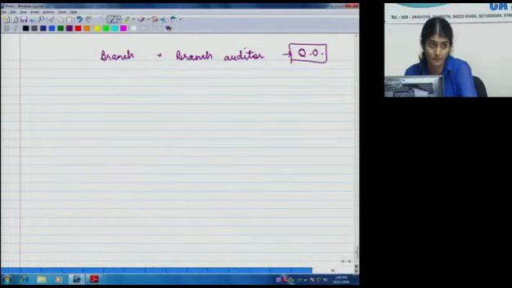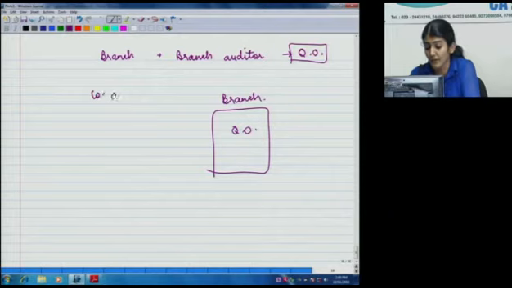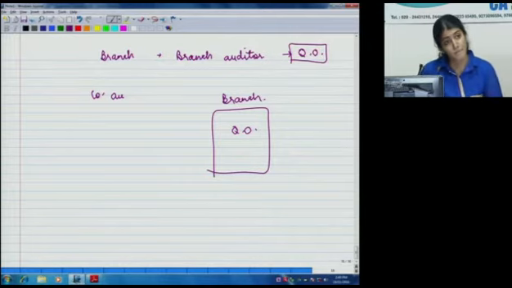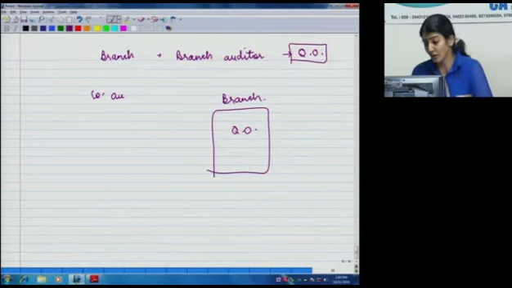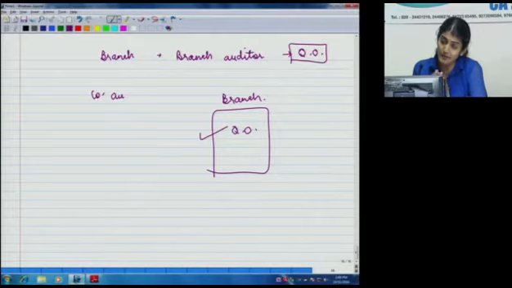So the branch auditor has issued a qualified report for the branch. So should the company auditor also issue a qualified report for the company as a whole? No, so the branch auditor has qualified his opinion for the branch. So should the company auditor modify his opinion for the company as a whole?